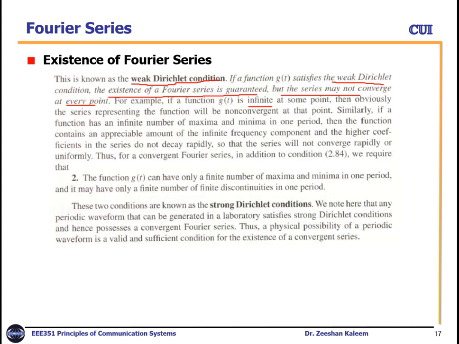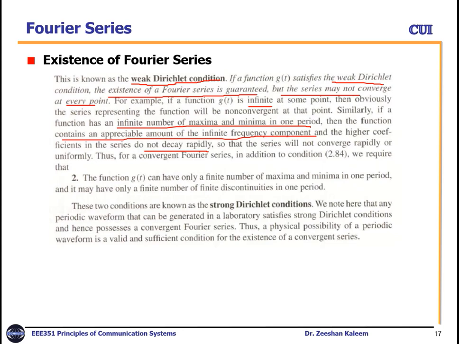In the end it will converge, but the whole series may not converge at every point. If a function has an infinite number of maxima and minima in one period, then it contains an appreciable amount of infinite frequency components, the higher coefficients in the series don't decay rapidly, so the series will not converge rapidly or uniformly.